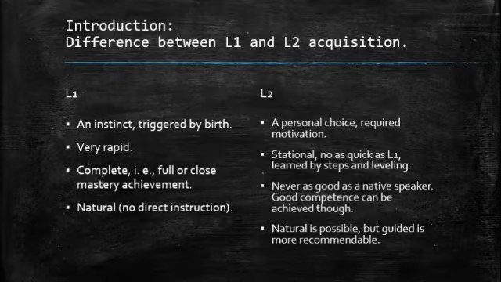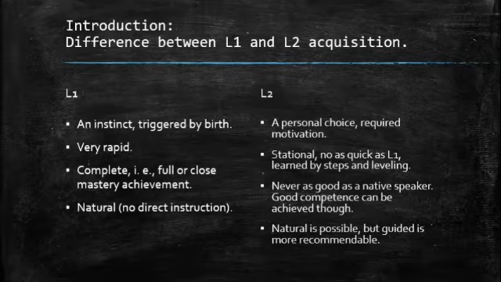In first language, it is an instinct triggered by birth. It's very rapid, complete in terms of full or close mastery achievement, and it's natural. It can be acquired with no direct instruction, while second language acquisition occurs by personal choice and requires motivation.